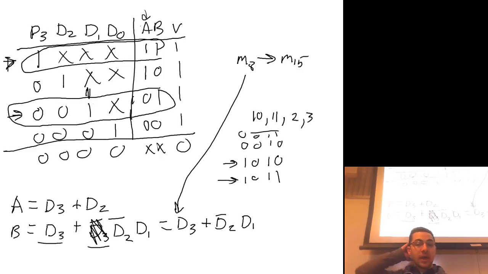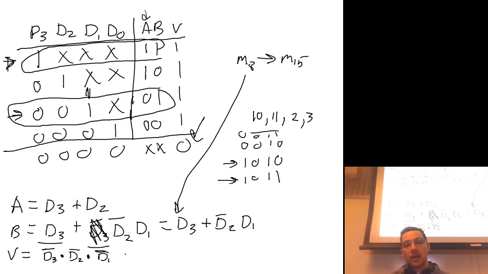Now the valid bit, the valid is really the easiest one, right? It's always going to be 1 except for this case right here. So valid is, well, depending on how you look at it, I might say D3 is 0 and D2 is 0 and D1 is 0 and D0 is 0.